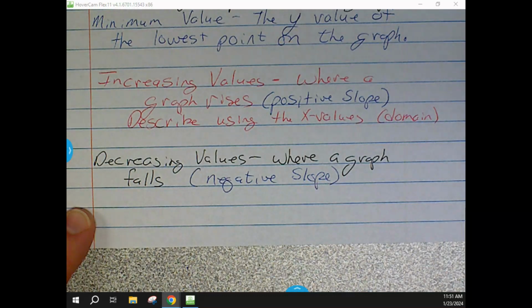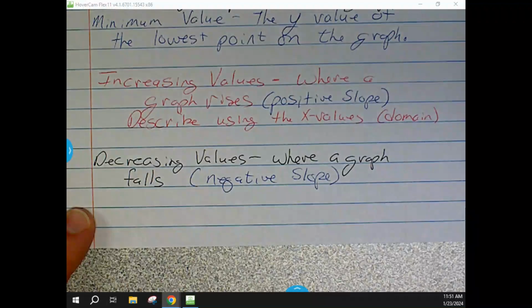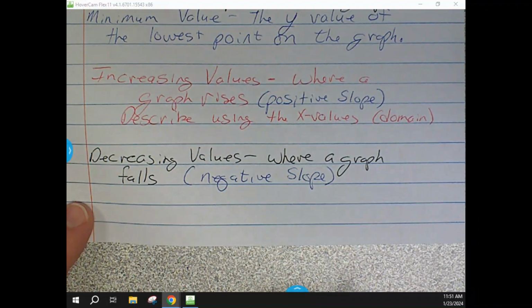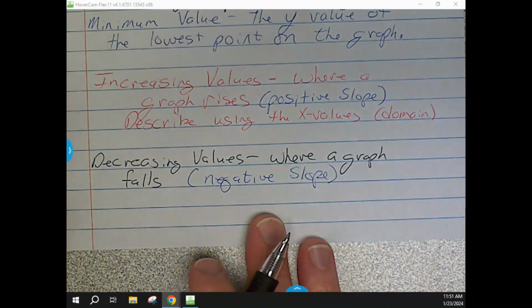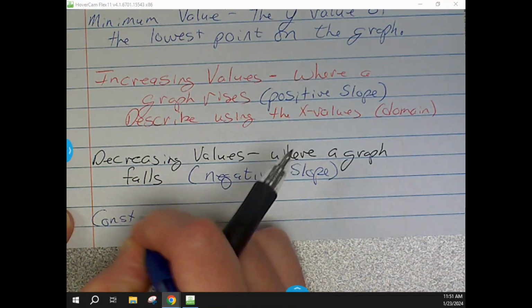Okay, the same thing when we describe it, it's going to be using the x values to describe it. So that part's going to be the same way as we go through that one. And there's one other option we've got here, where you have constant values.